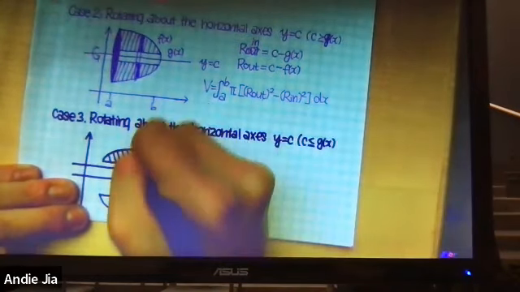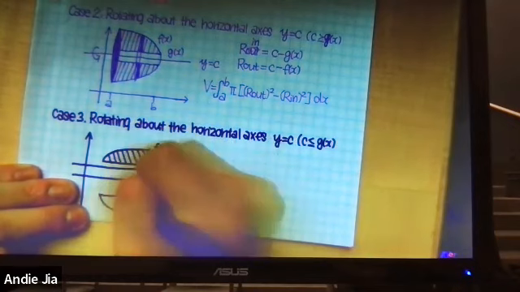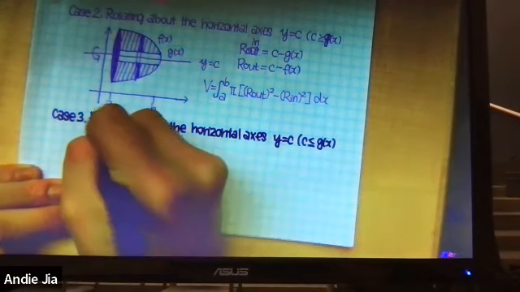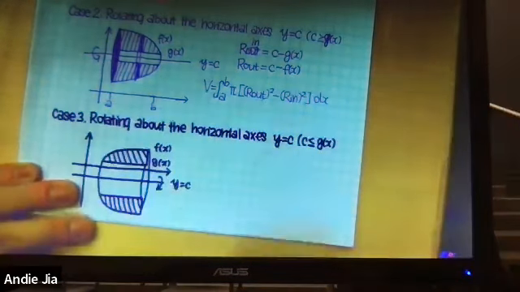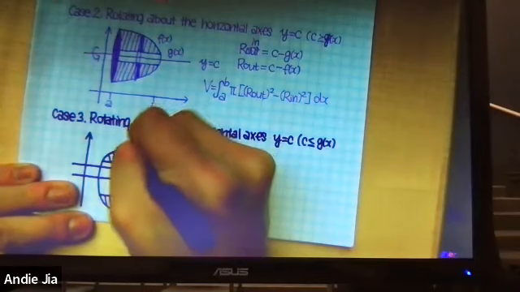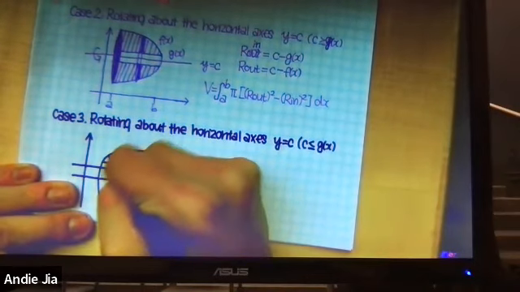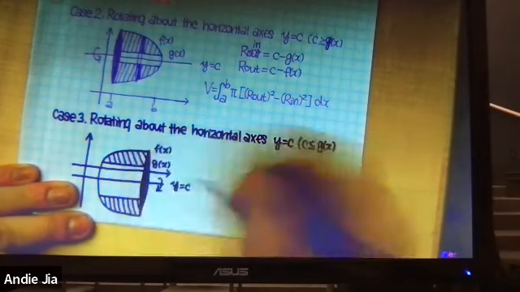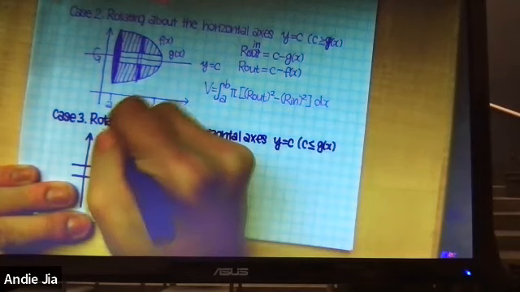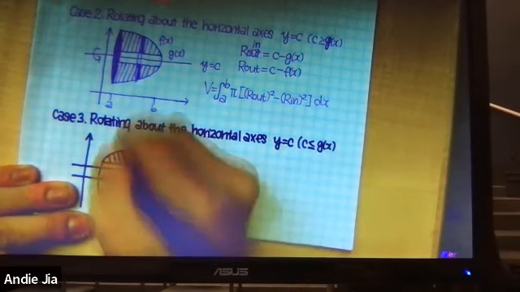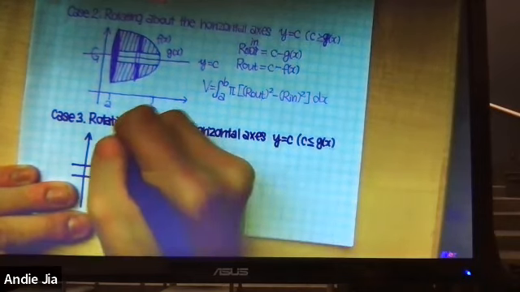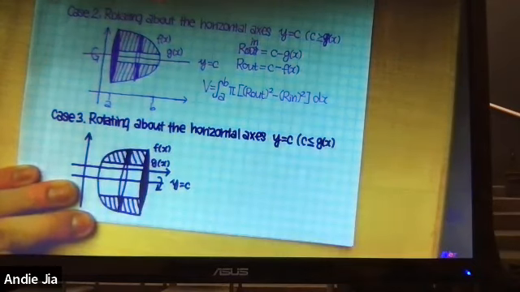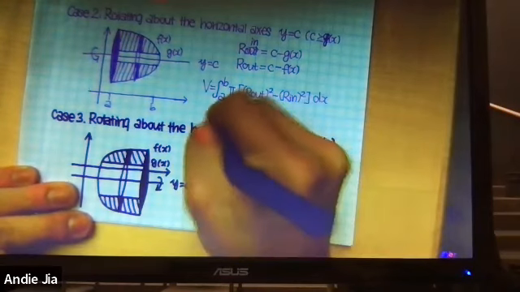This is the washer obtained by rotating the region. See, it's a washer. I take a slice. Hope you appreciate it. I tried my best.